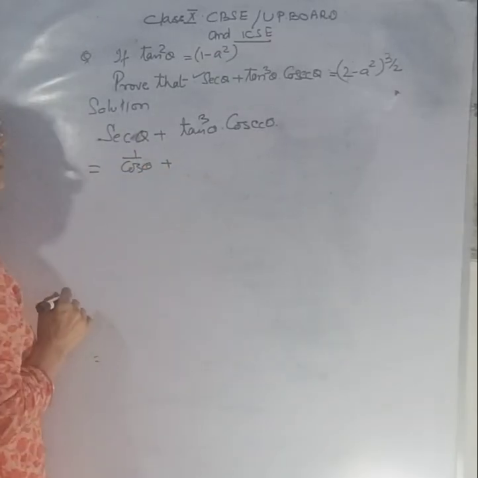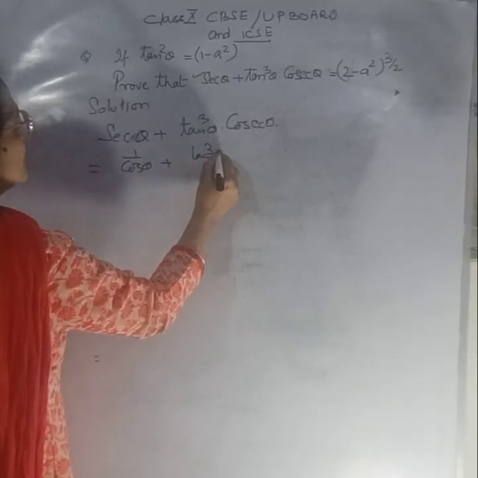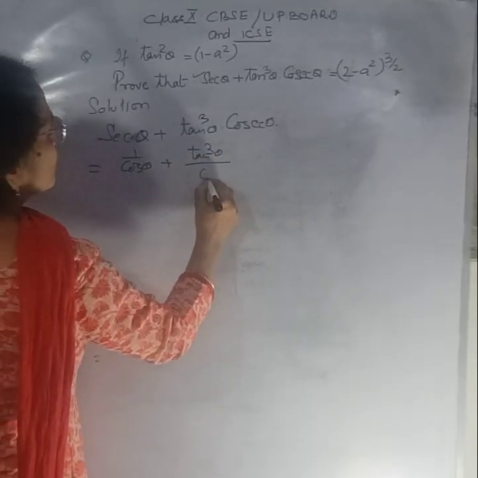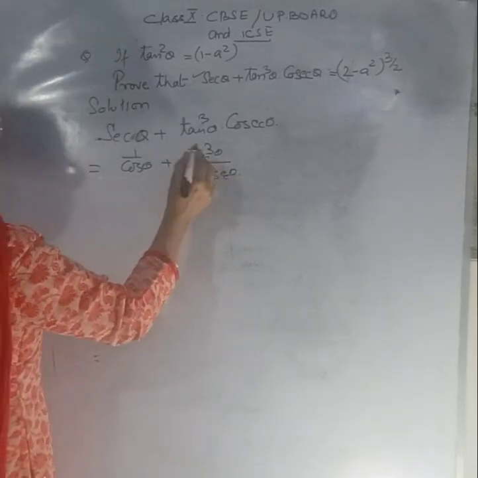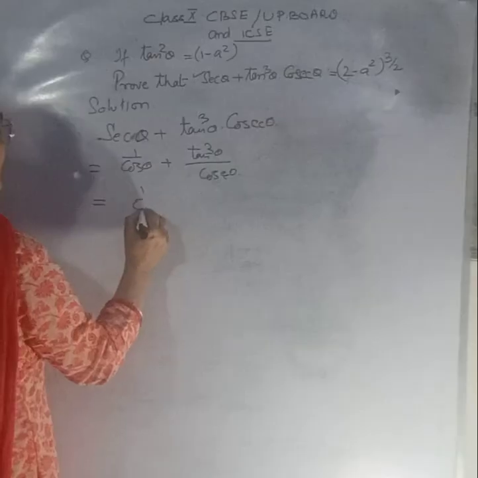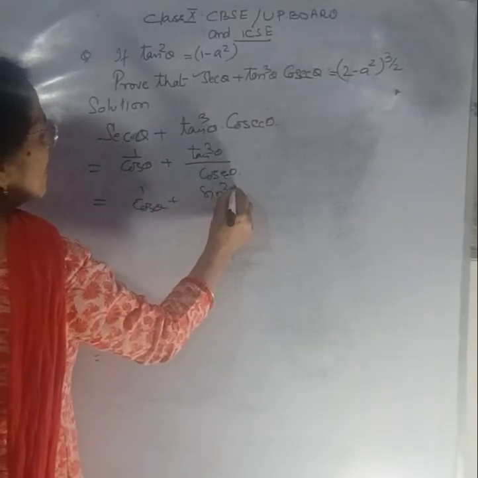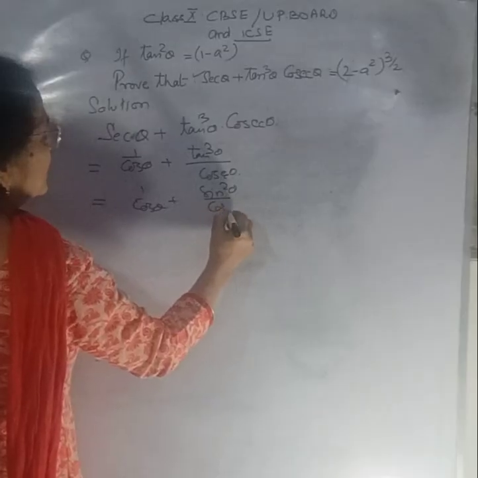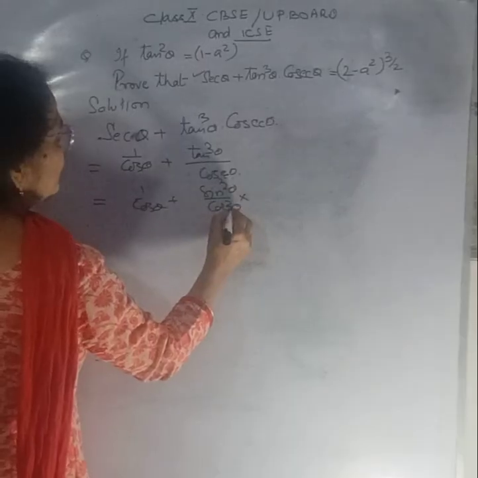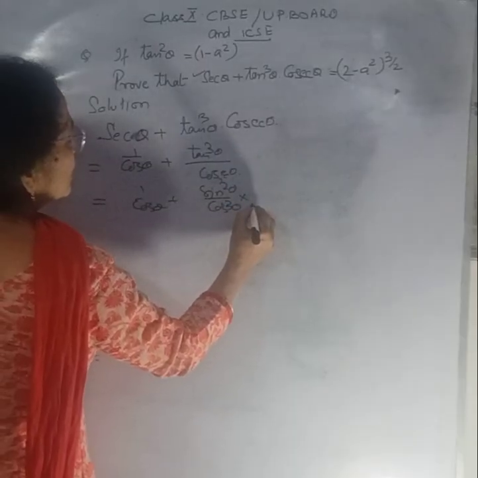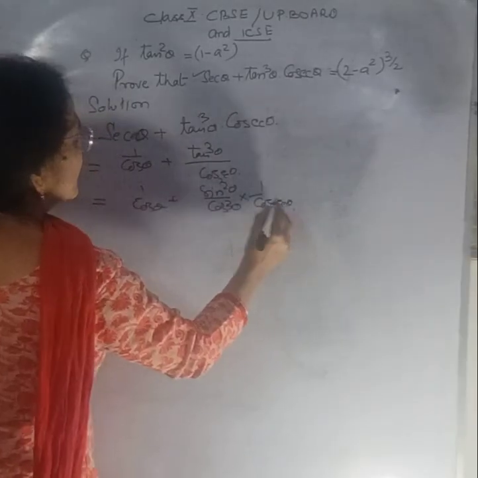It can be written as 1 plus cos theta into tan cube theta upon cosec theta. Now this tan cube theta further can be written as sine cube theta upon cos cube theta into cosec theta.